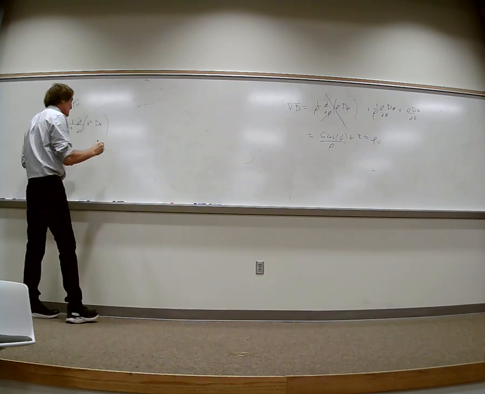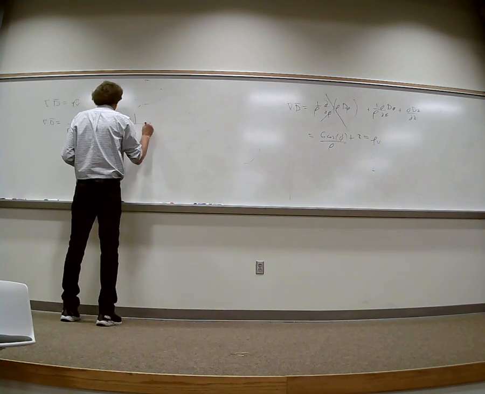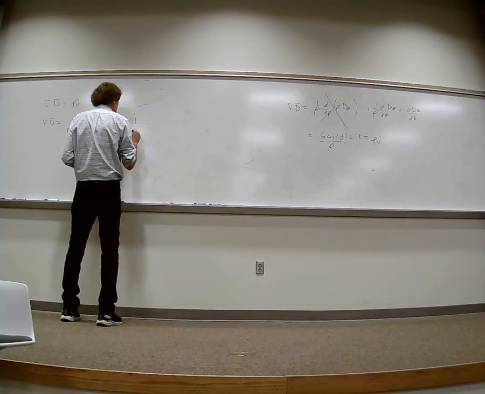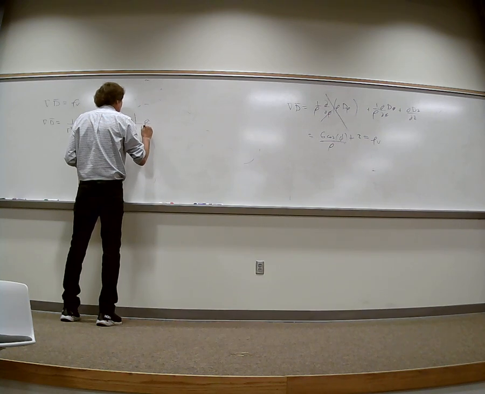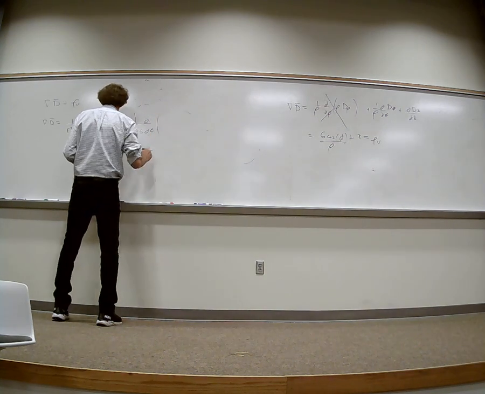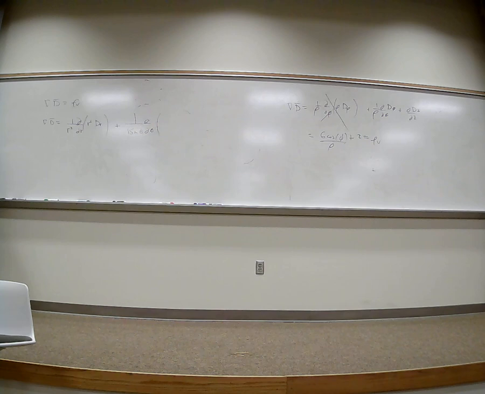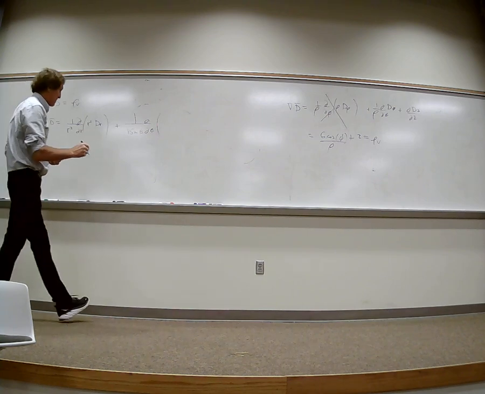Then he's going to have plus 1 over r sine theta, and then d d theta. Actually, I don't know which one he has first. Yeah, he's got that. And then it's going to be D_theta sine theta, right?